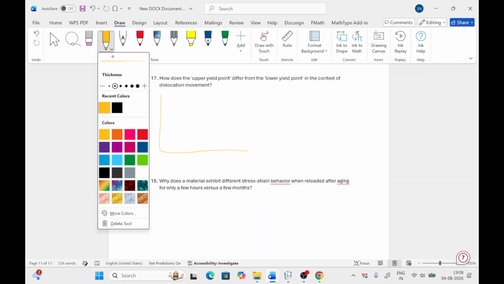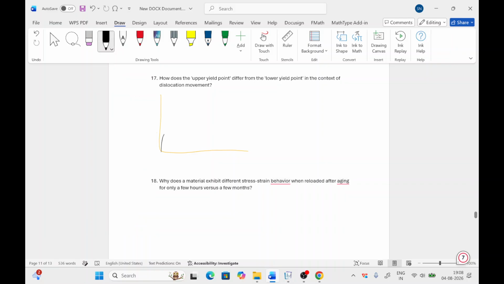The upper yield point is this, and the lower yield point is this point. At the upper yield point, we have solute atoms at the dislocation cores.